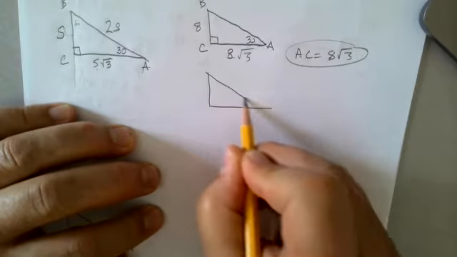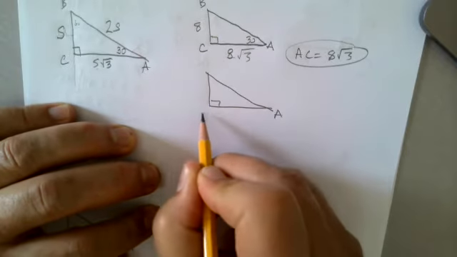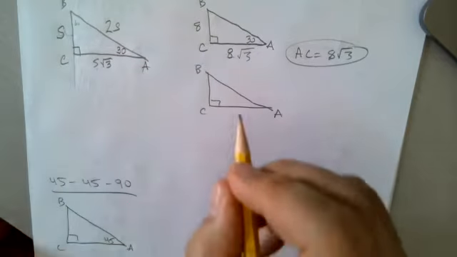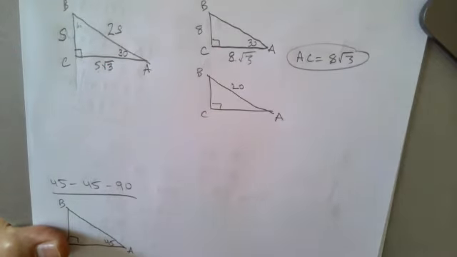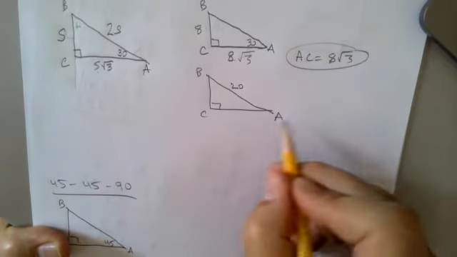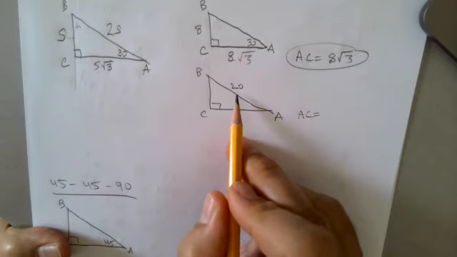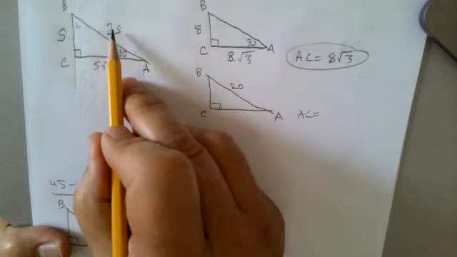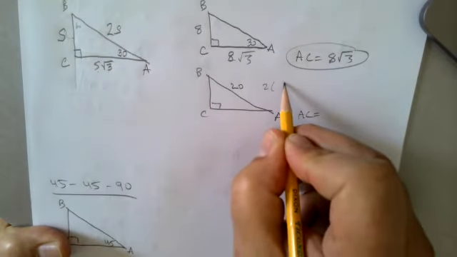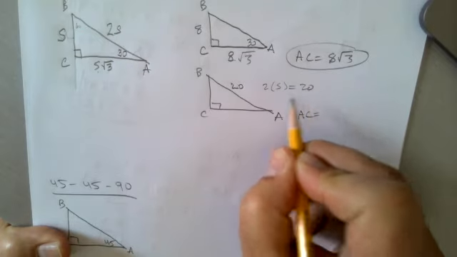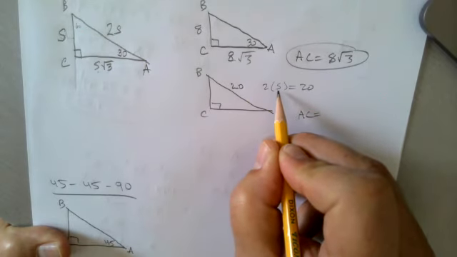The second type is where you're given that this is 20, and you're supposed to find AC. Well, 20 is now in the place of 2S. So if 2 times something is equal to 20, what does S equal?